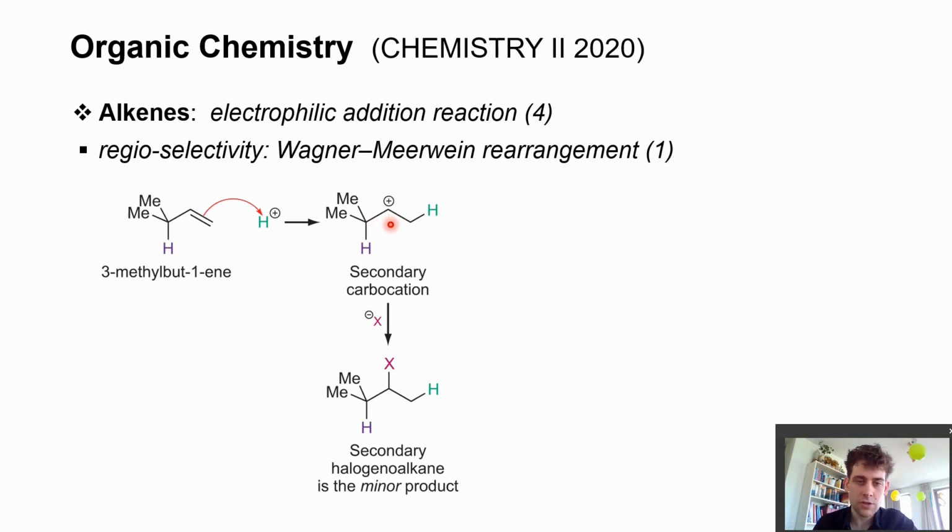This is the more stable carbocation because it's a secondary compared to the primary carbocation that would be the alternative in this case. So our X just adds to this secondary carbocation, and we get, as we would expect, the secondary halogen alkane. But to our surprise, this is actually just the minor product.